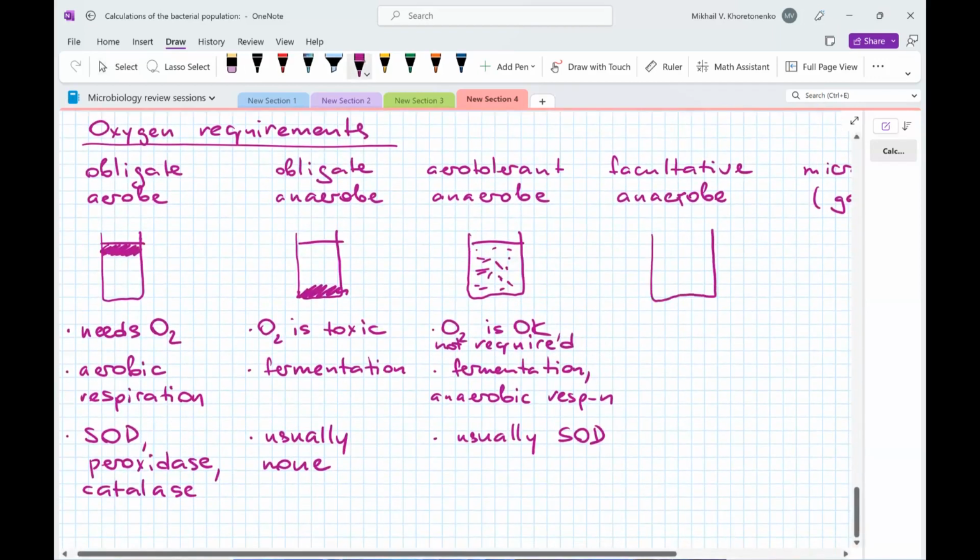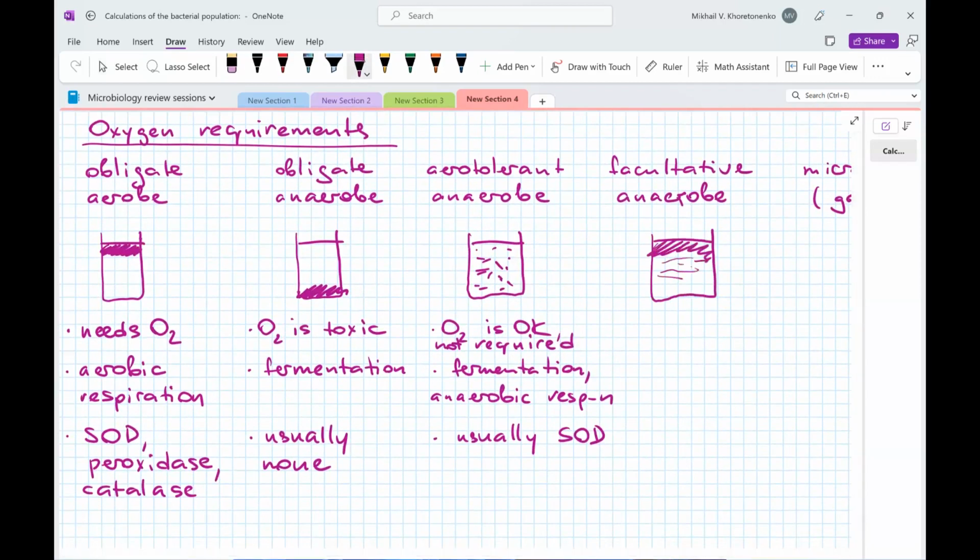Facultative anaerobe. More growth on top, but also growth throughout. But it grows more at the top. It may use oxygen, but may switch to fermentation. Not may, but can.